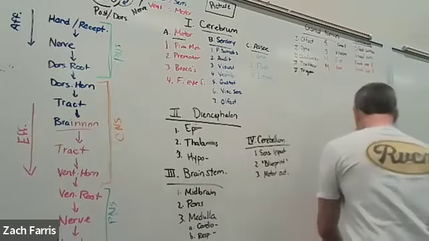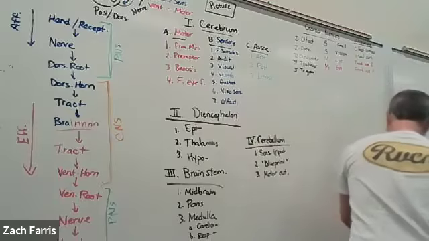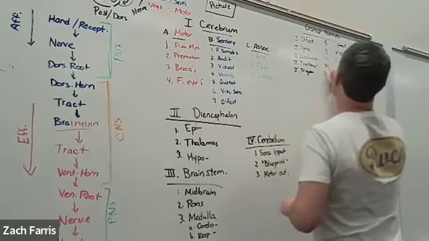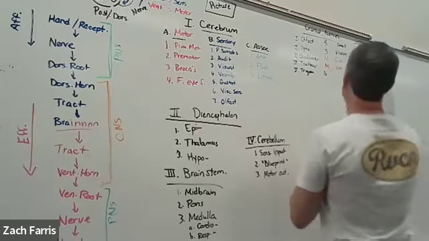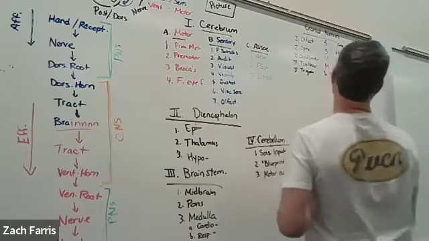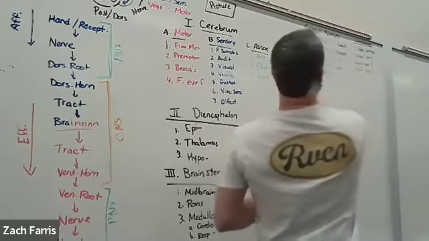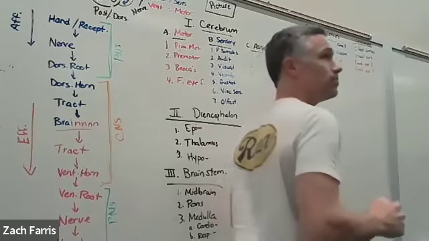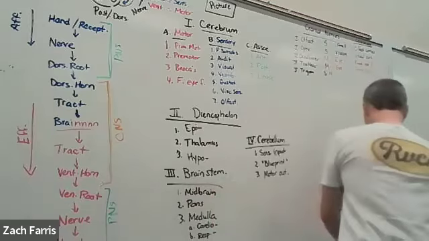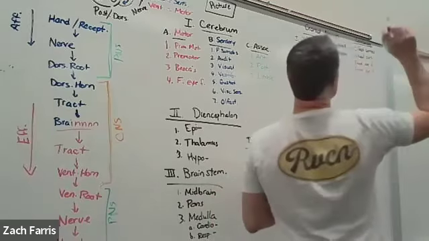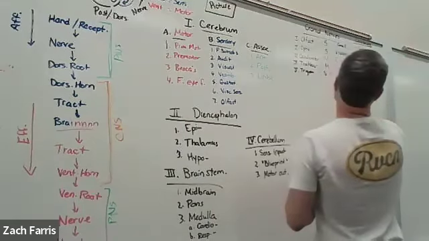Trigeminal. What am I going to put here? What type of nerve? Sensory and motor, right? S and M. Or if you want to put B in a different color, I don't care what you want to do. What is its function? Give me sensory first, because I've got that one.